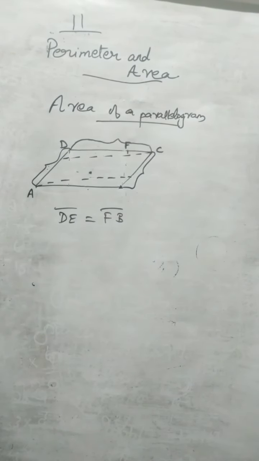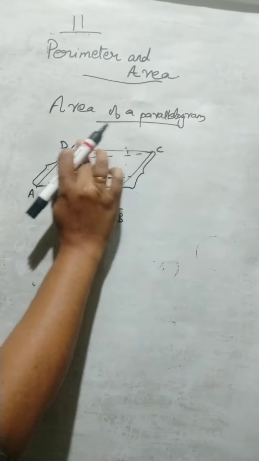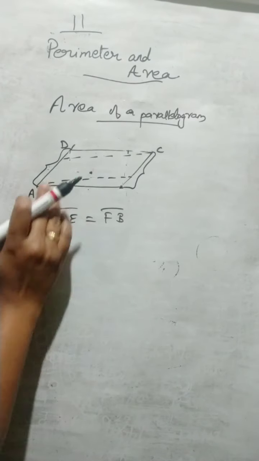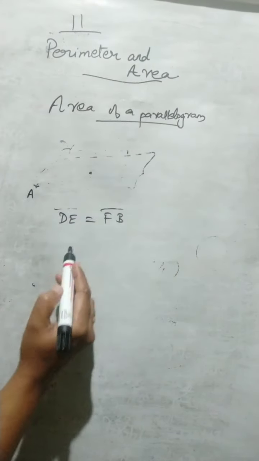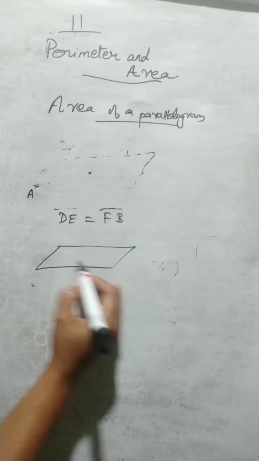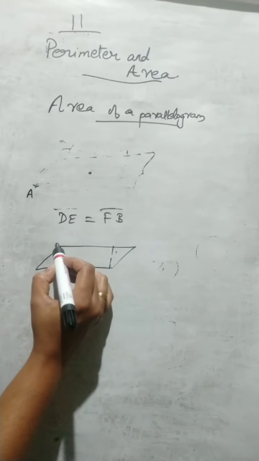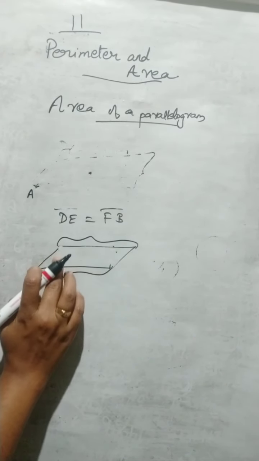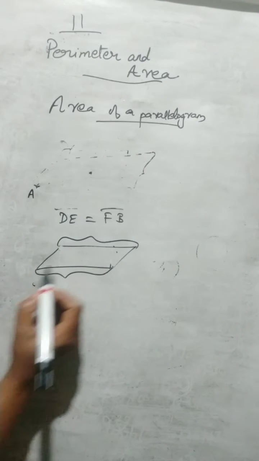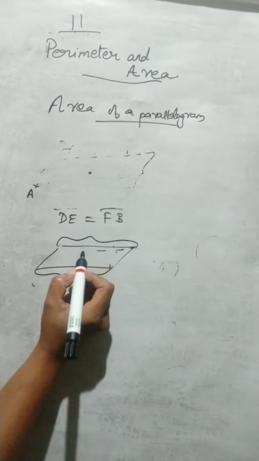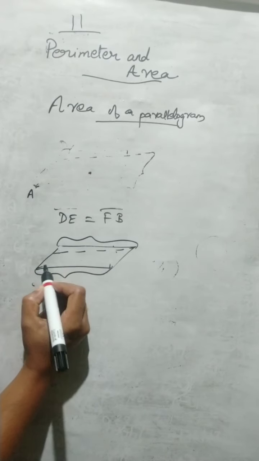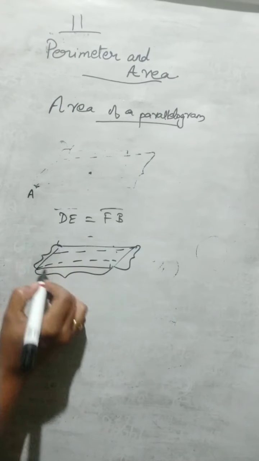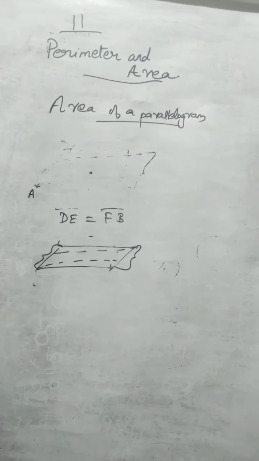So at the time we can take these sides as the base. If you are taking the height, at the time these two will be the base. Okay. Any one side is enough.